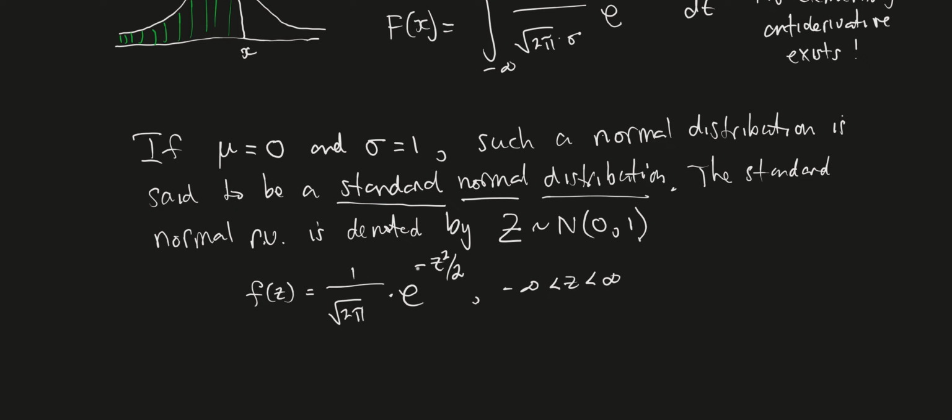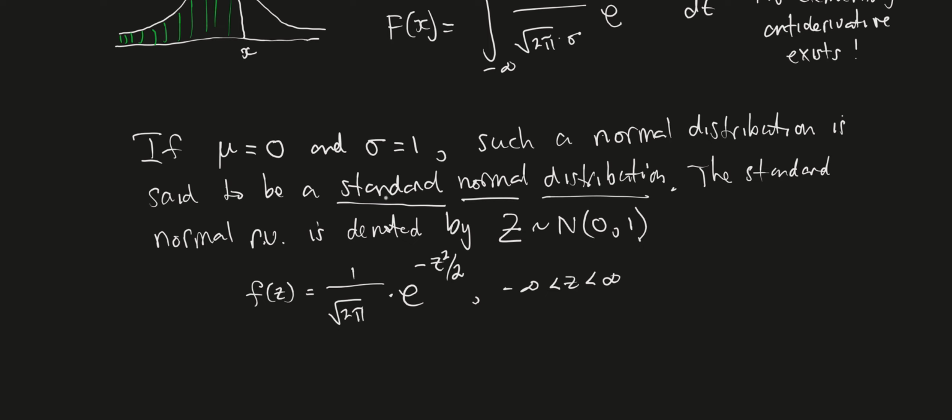Having this exponent where your variable is squared, with the e as your base, just makes the calculus really difficult, right? So we still can't compute this by hand, but there are standard normal CDF tables that are now compiled.